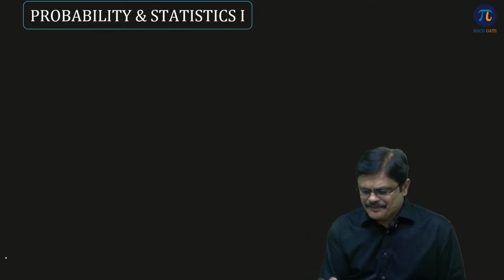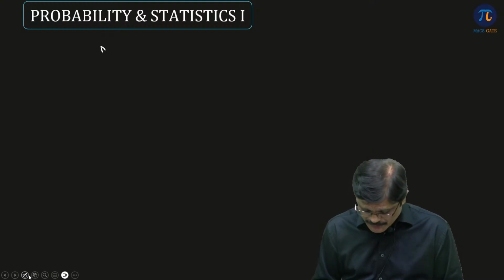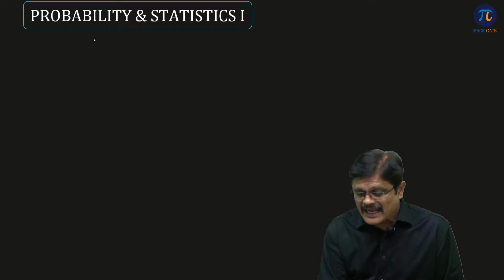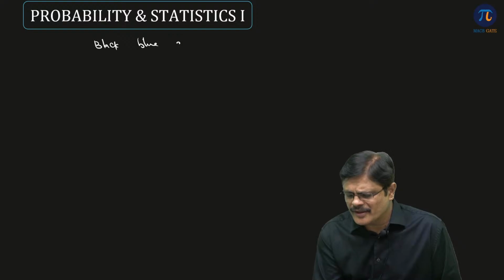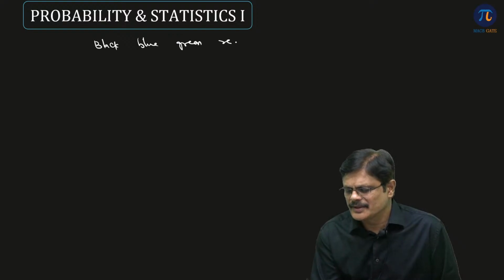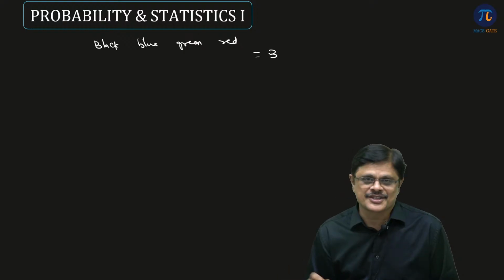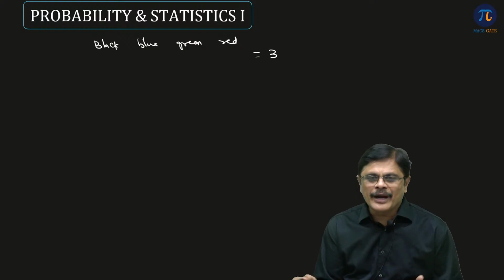For example, what are the 4 colors? I forget the color names. Black, blue, red and green, whatever the order. So you want to make a selection of 3 from the 4. What are the possibilities, my dear friends? You can try to identify them.